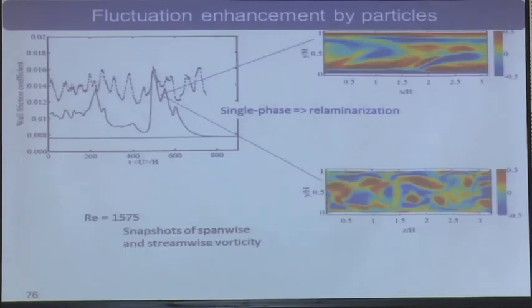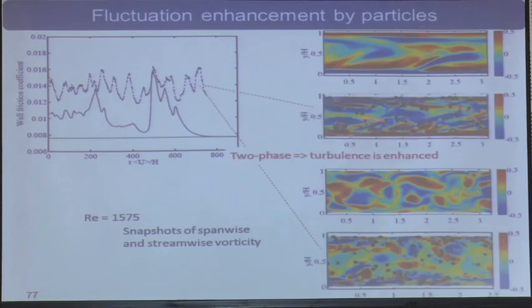And then we compare, for example, the flow structure in single phase. These are snapshots of the flow at different planes, different heights, single phase, and the simulation with particles. And with particles, you see that the flow is drastically different. You see that all these big structures, blue and red, are broken by the presence of the particles.